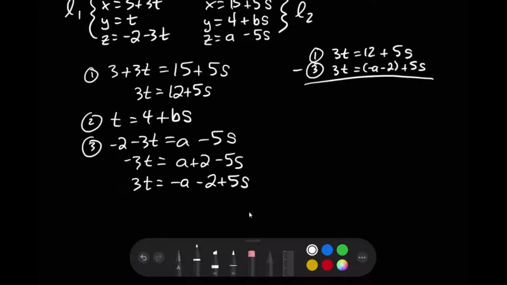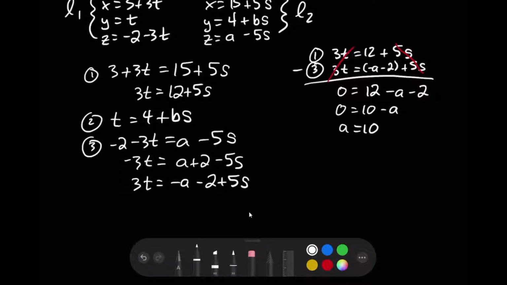As I go through, 3t minus 3t is 0, and 5s minus 5s is 0. So I'm going to have 0 is equal to 12 minus a minus 2. That looks pretty good. I can rearrange and solve for a now. 12 minus 2 is 10, 0 equals 10 minus a, a is equal to 10.